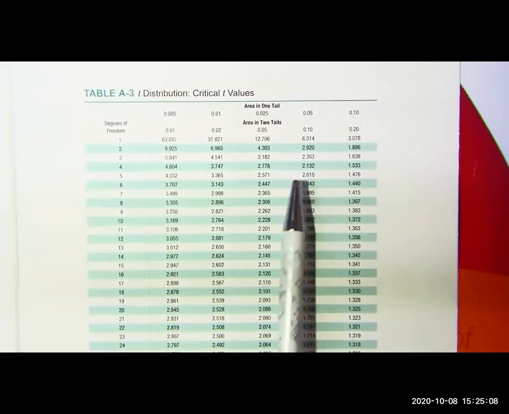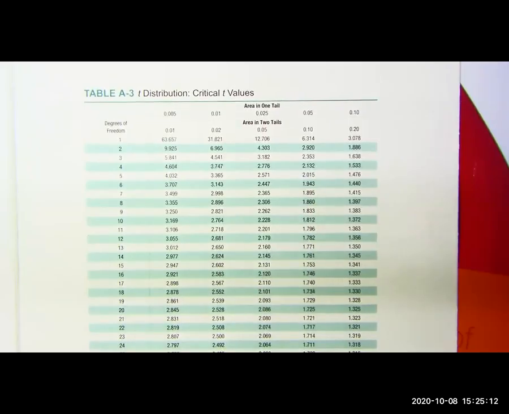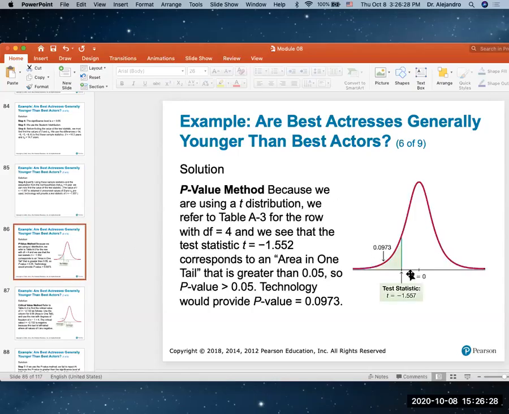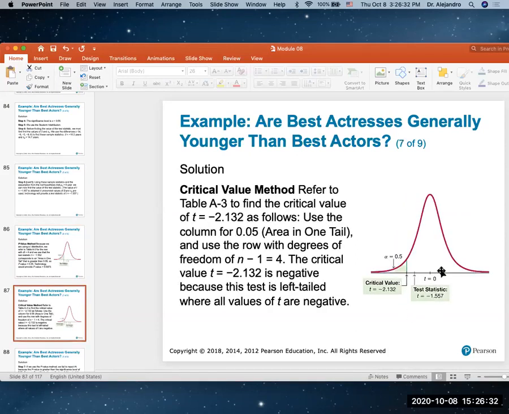So let's go back to the PowerPoint. So the test statistic is negative 1.557, which is this value. And we said that our critical value is negative 2.132.